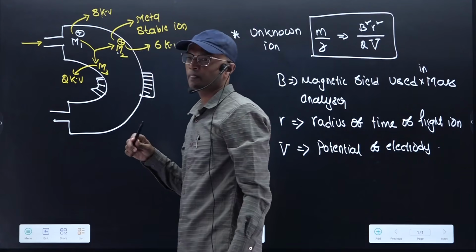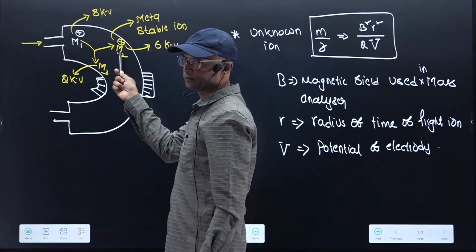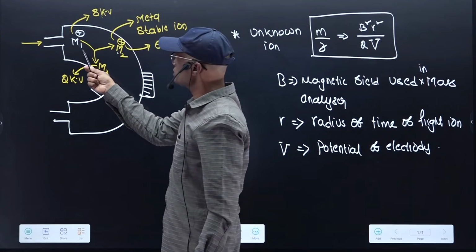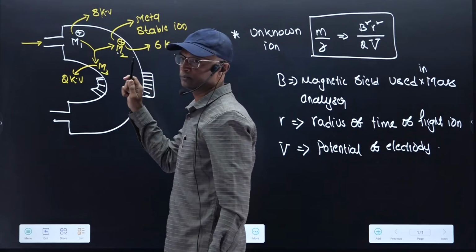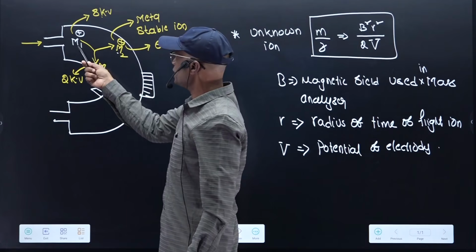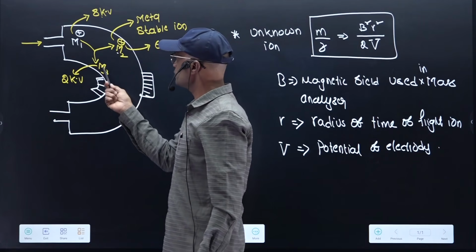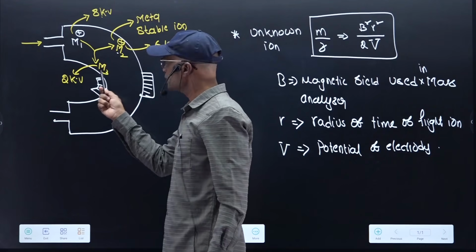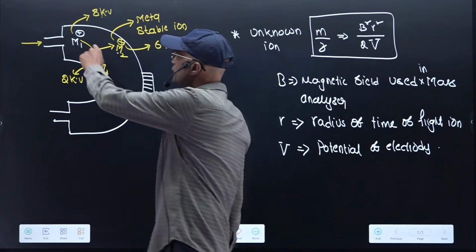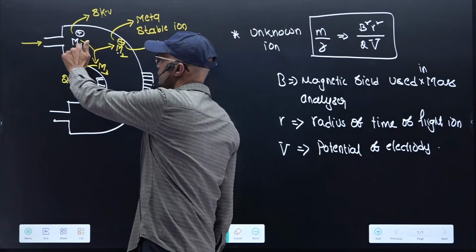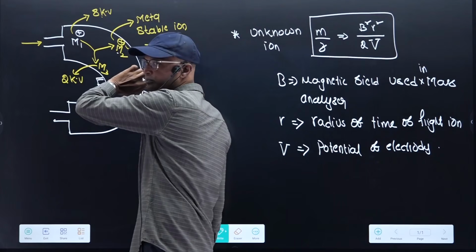Which means the m/z value of the parent is always greater than the daughter, and the parent's acceleration capacity is greater than the daughter's. The parent's acceleration is distributed to the daughter and the remaining part to one more daughter, which can't be identified. So always remember, the parent's ability to run in the mass analyzer is very high compared to the daughter.